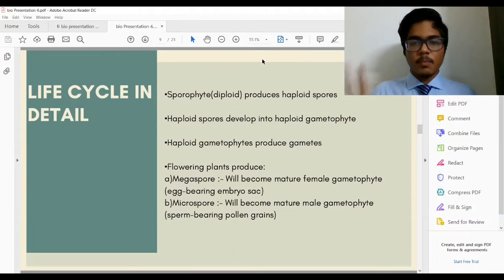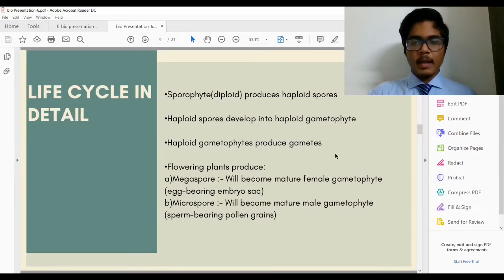There are two types of spores present in flowering plants, which are megaspores and microspores. Megaspores usually become mature female gametophytes, whereas microspores become mature male gametophytes, such as the sperm cell.